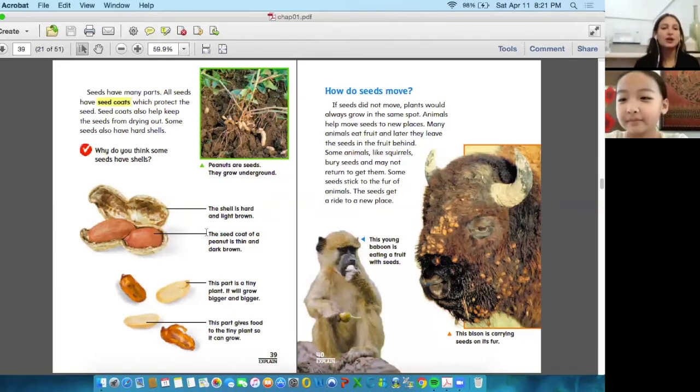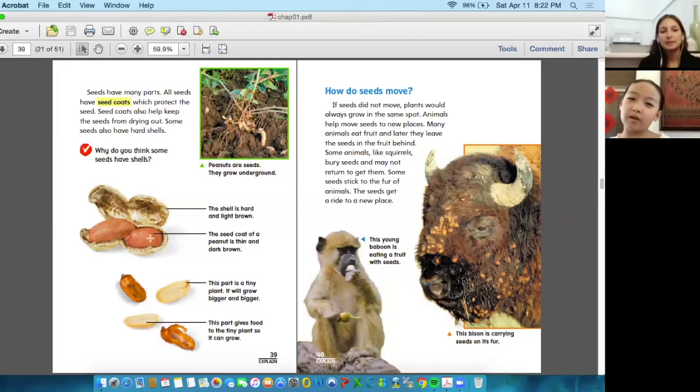Okay, very good. So let's go over the parts of the peanut, okay? Yes. So what do we have here? Is the coat the dark brown? No, what is this? I think this is the shell. Right. So this is the shell. What is this little brown layer?